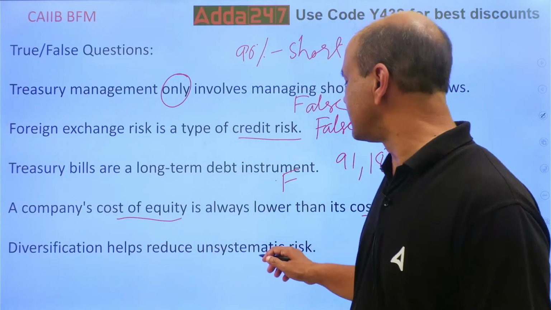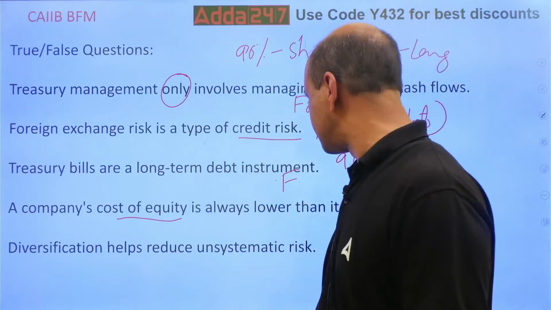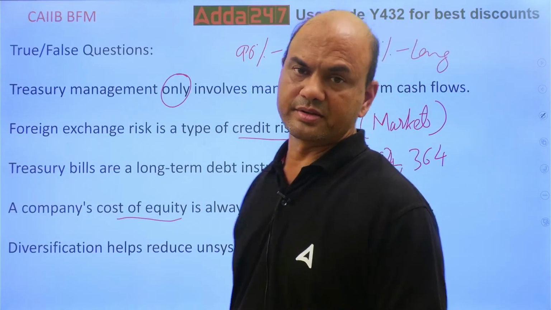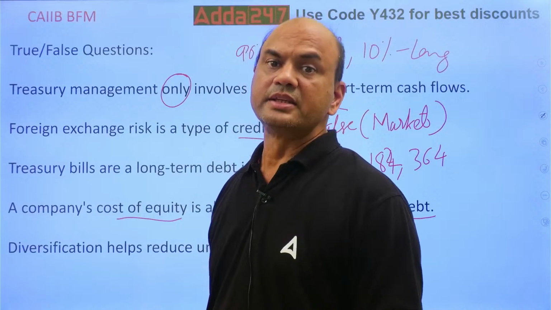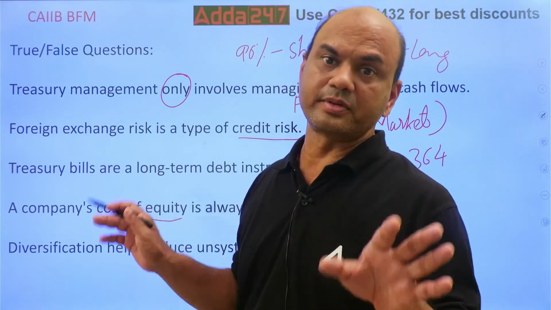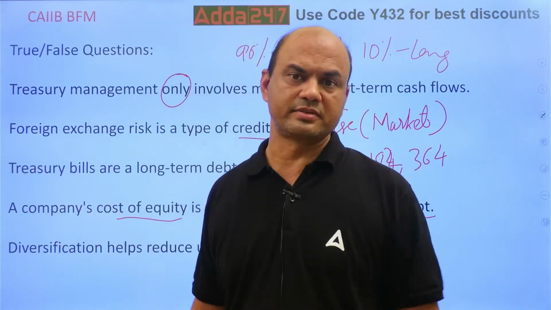Diversification helps reduce unsystematic risk. What is an unsystematic risk? See, unsystematic risk means related to a company. There are two types of risks. One is systematic risk, second is unsystematic risk.